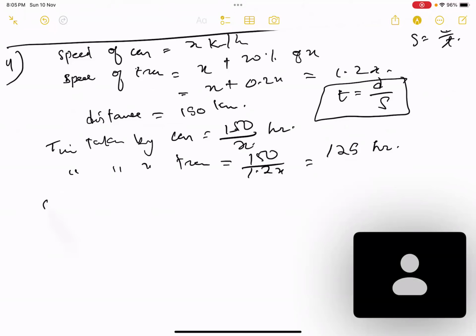Now we have a stoppage by the train. How much? 12 minutes.